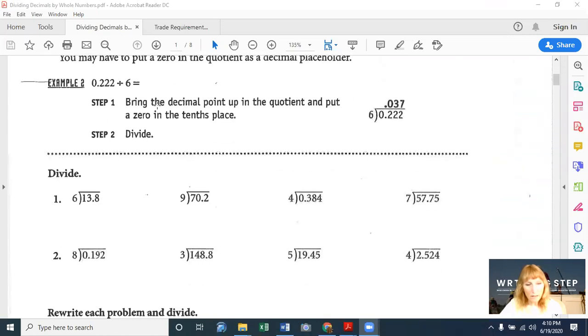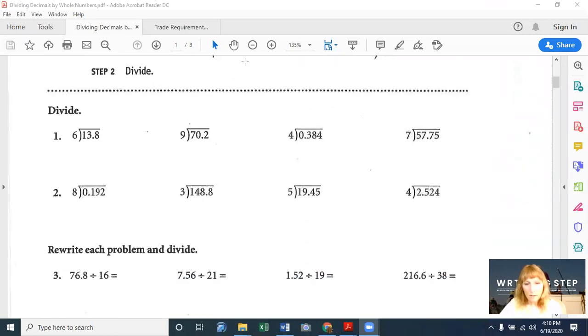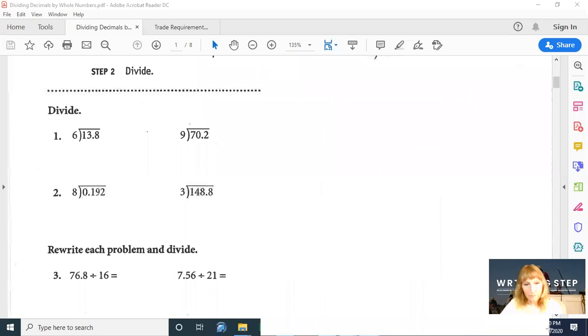So when you divide, I like to put a rule up for you here. When you're dividing, you want to remember, does McDonald's serve burgers? So each one of those first letters stands for something.